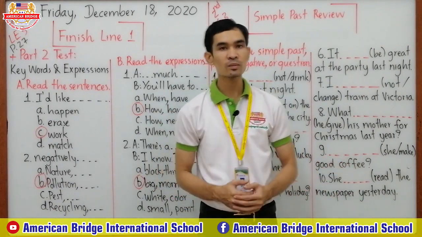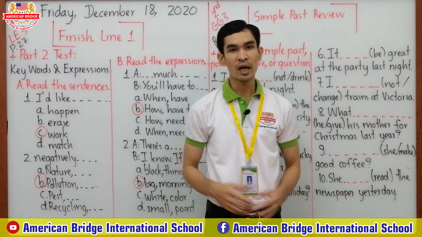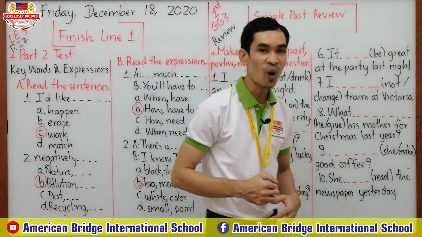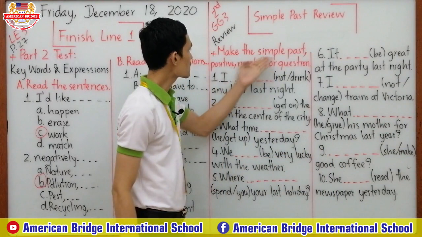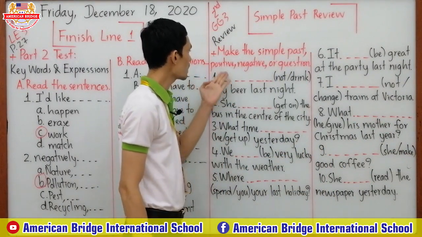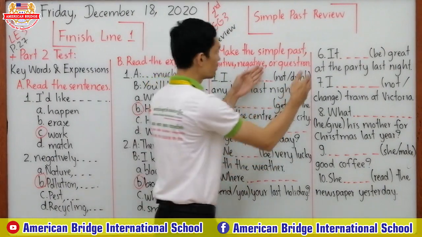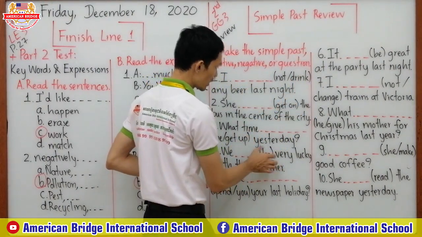Alright, so now I think you can understand all of this very well. And I have one exercise for you to review all about simple past. Make the simple past positive, negative, or question. Here you can see a few words in the brackets.